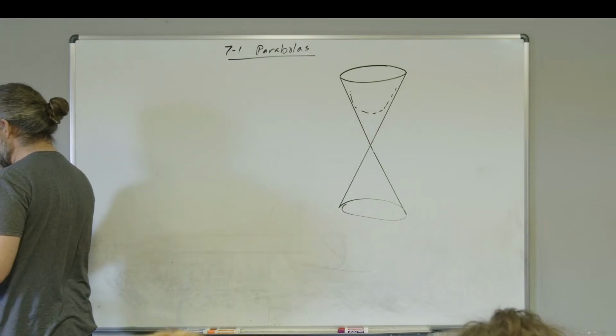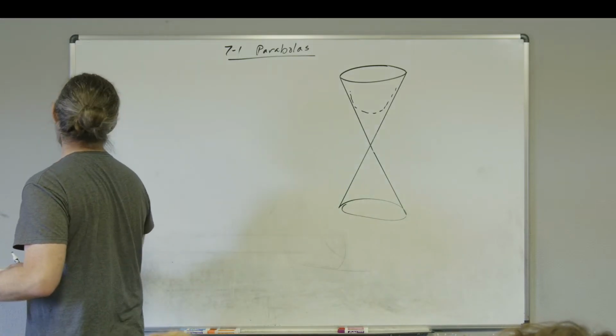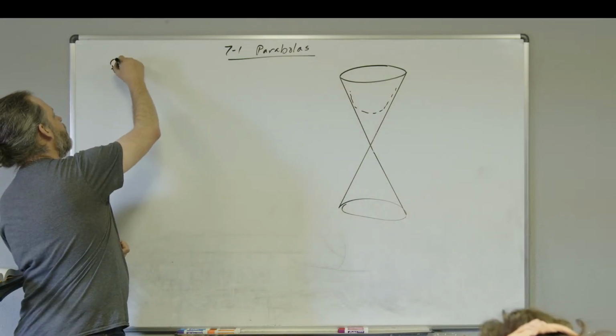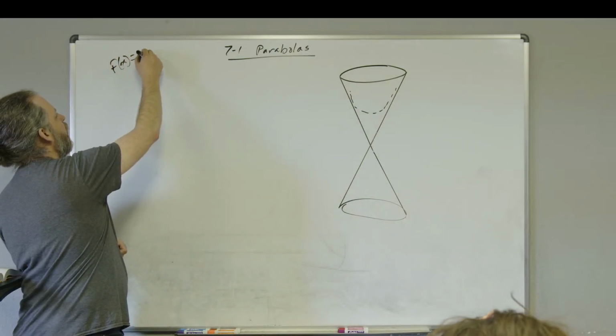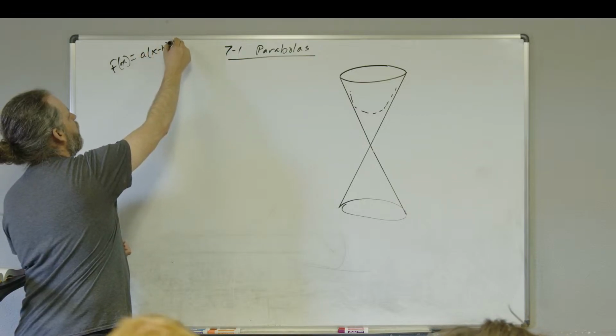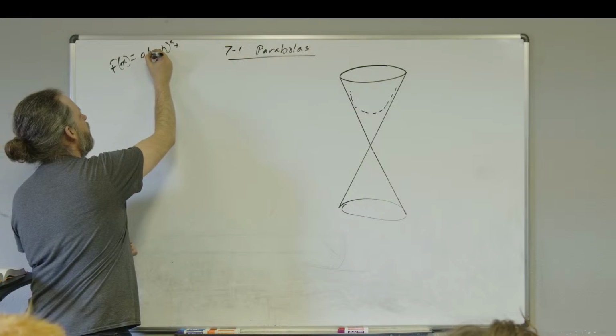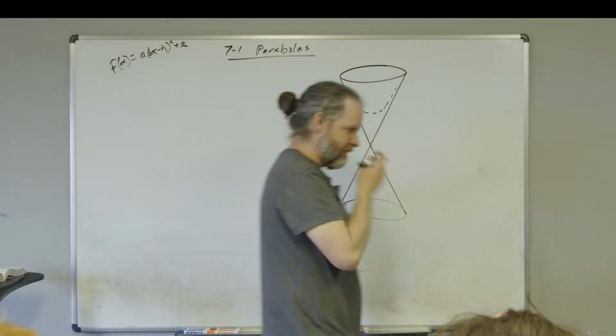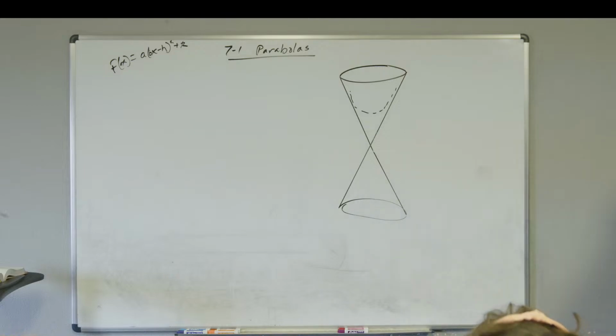So the form we have seen of a parabola before today is something like this, right? f(x) = a(x − h)² + k. We've seen the vertex equation for a parabola before. That's great. This unit, we're throwing it out the window, using a different equation, actually 4 different equations.